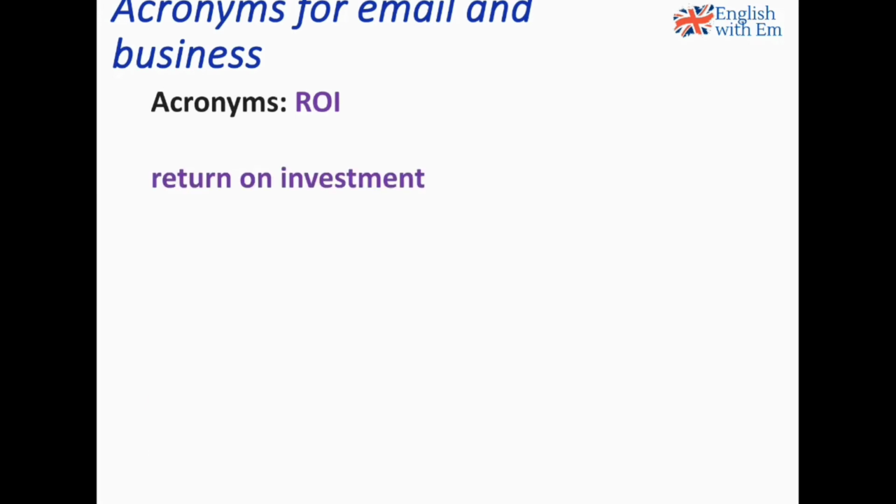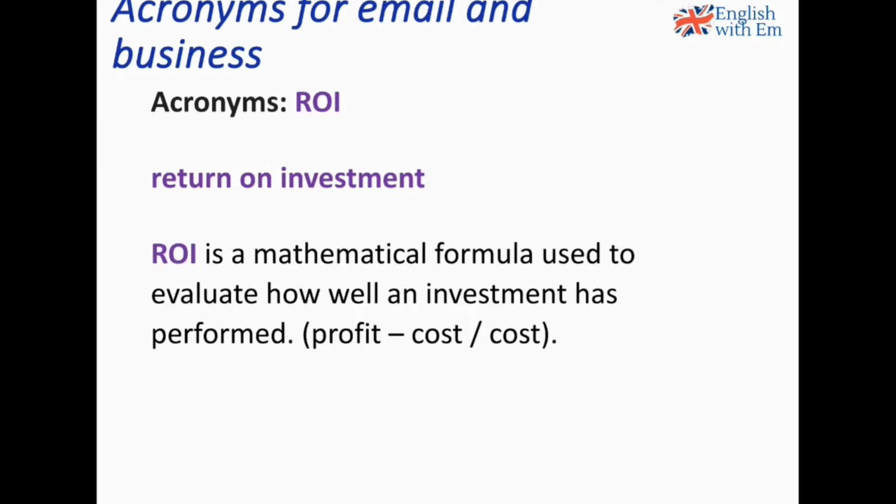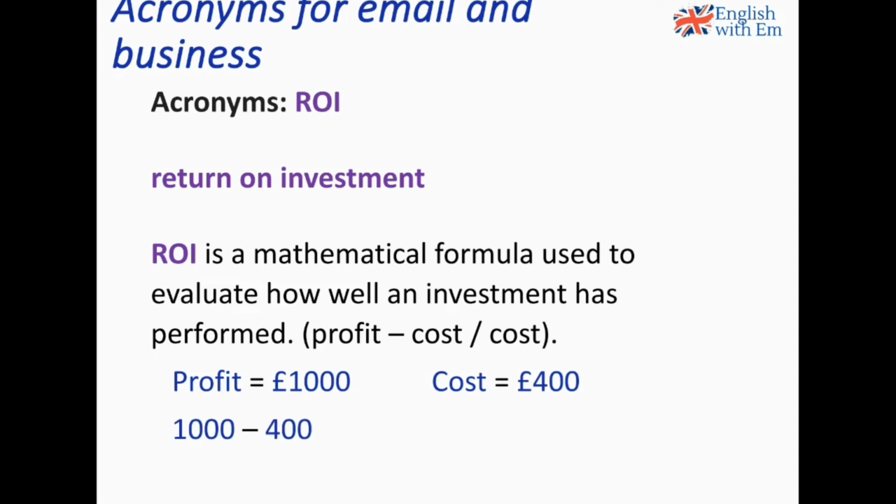ROI, return on investment. ROI is a mathematical formula used to evaluate how well an investment has performed. And this is the formula. It's profit minus cost divided by cost. For example, if you've got £1,000 profit and £400 cost, you would say 1,000 minus 400, which gives you 600, divided by 400, which is 1.5.